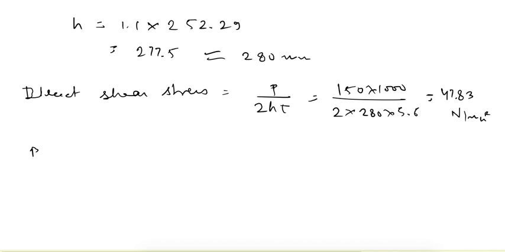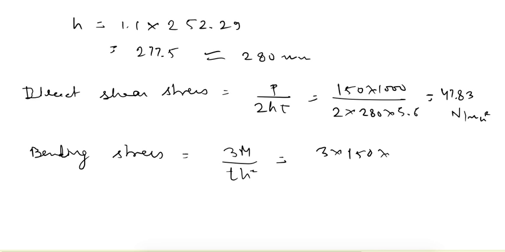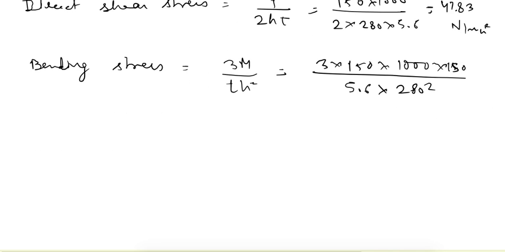And for the bending stress we have 3M upon T into H square, that is 3 into 150 kilonewton, converted to Newton into 1000 into 150 for eccentricity, divided by T, which is 5.6, multiplied by H square, that is 280 square. So this value is equal to 153.744 Newton per mm square.